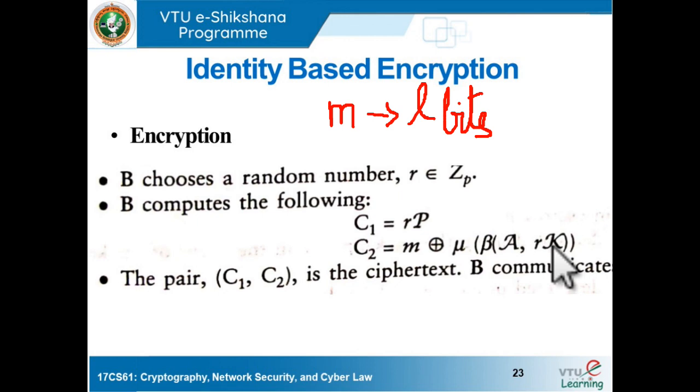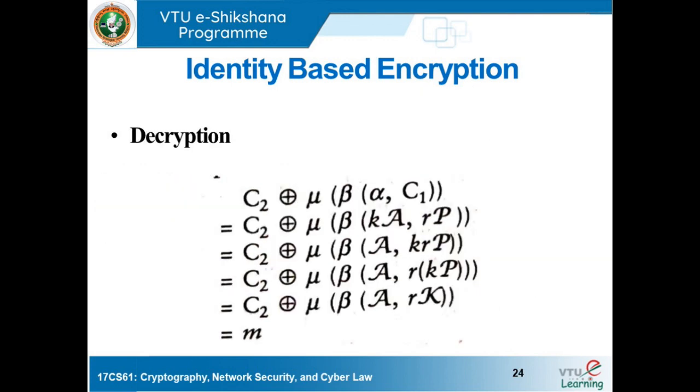Along with that, key K is used. Now this pair C1 and C2 are both communicated to Alice. On receiving this, Alice should be able to decrypt the entire message and get back the message M.